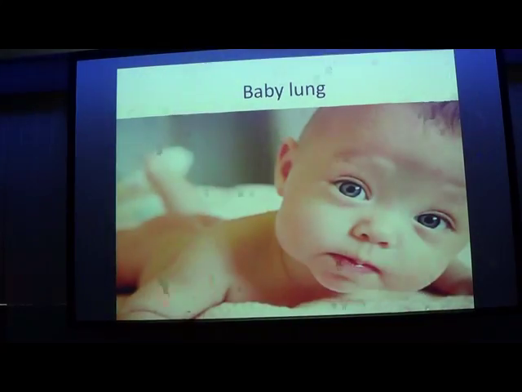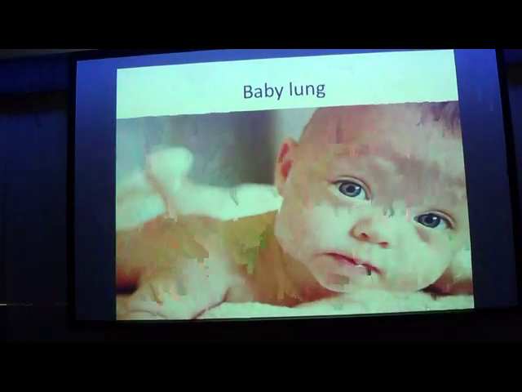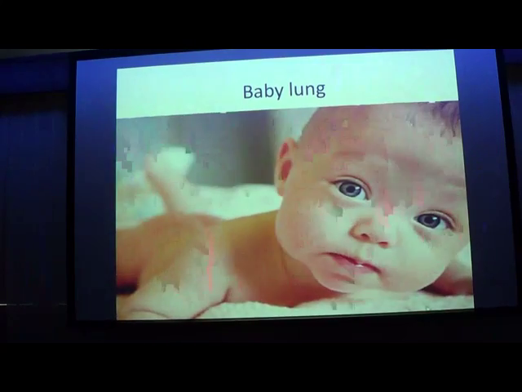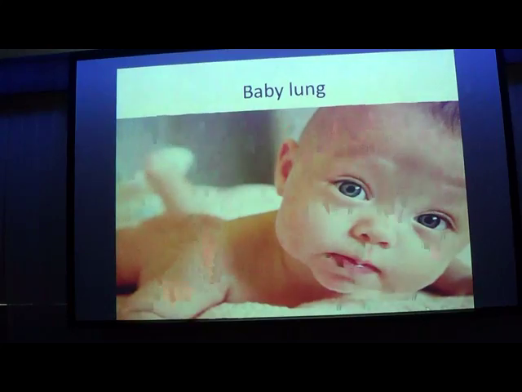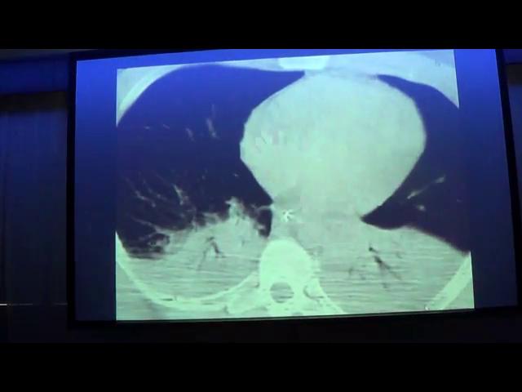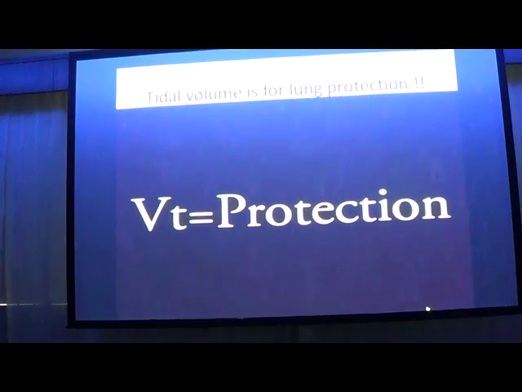Now what happens is, when lung gets injured, it becomes a baby lung, a small lung. The amount of lung tissue which is getting ventilated becomes small. This is what is happening: 1/3 of the lung is gone. So if the tidal volume is 300, you should be ventilating with 200 ml. What I'm trying to tell you is that tidal volume is for lung protection.